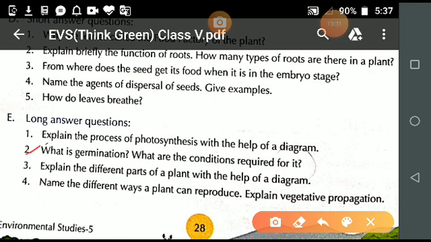The conditions required for germination are air, water, and the right temperature.